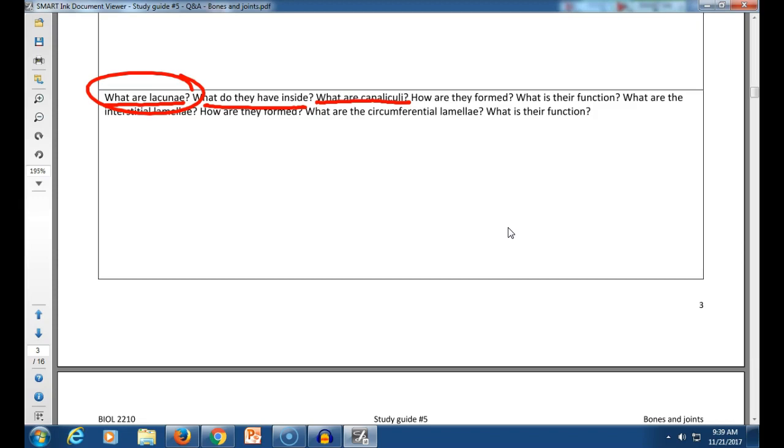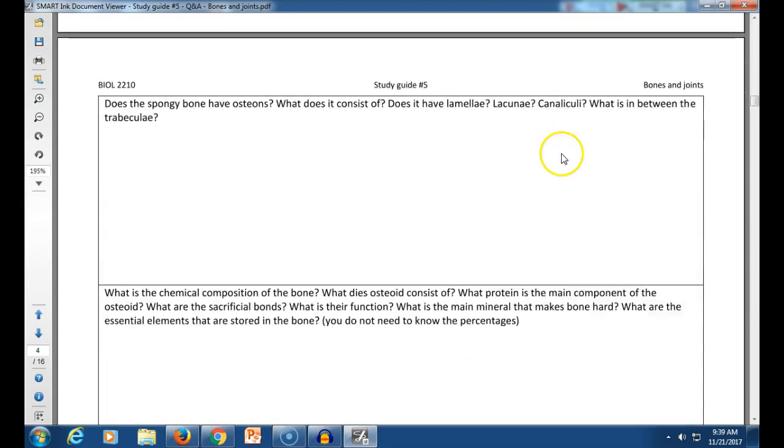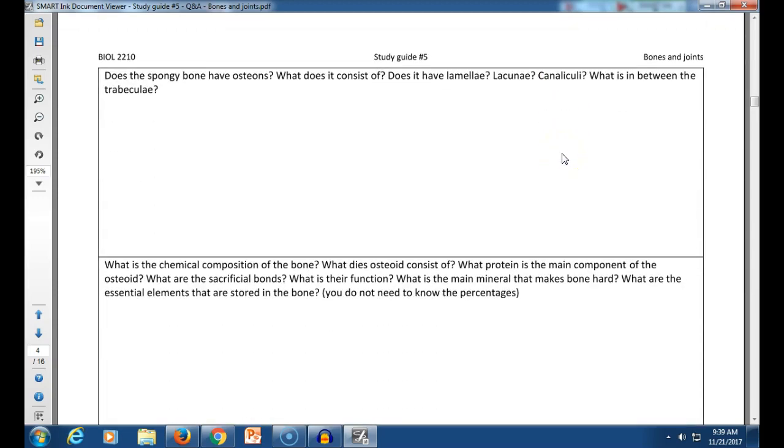They make the bone resistant to twisting. Because if you look at circumferential lamellae here, the directions of collagen fibers are at an angle. That makes sense? So that adds another layer of protection against twisting forces.